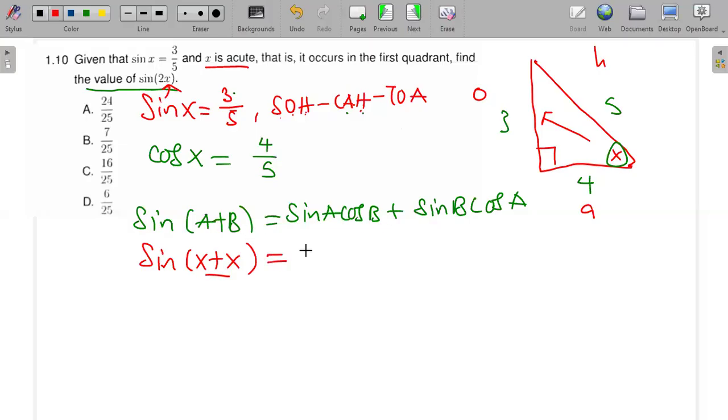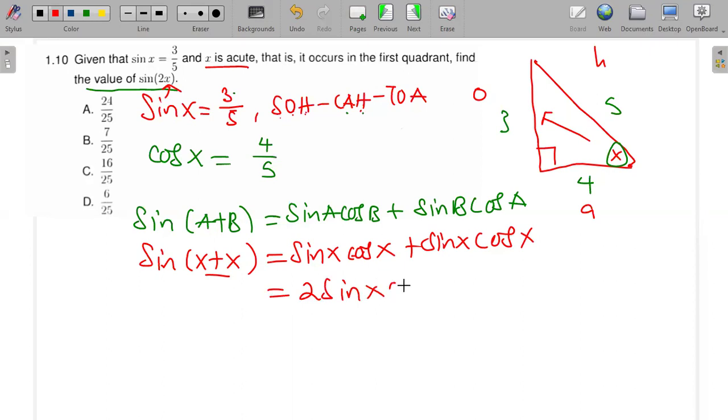So now by this double angle formula, that's just sine x cos x plus sine x again cos x again. These two here are the same, so it will just be 2 sine x cos x. So this will be equal to sine of 2x, 2, and then sine x is what?